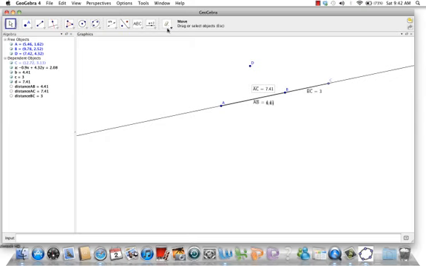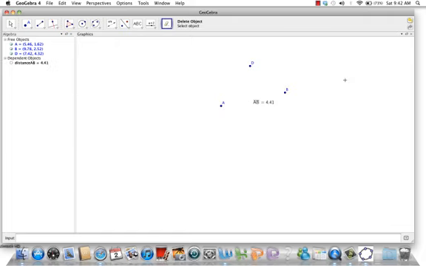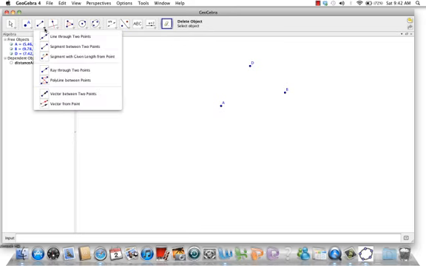Okay, so let me delete a few other things that I don't need. I don't need this anymore. All right, let me delete this line here. Now next we deal with what is called the non-collinear measurement. So notice that in this case, we have A, B, and D as non-collinear points, but let me get rid of this AB. And let me measure the segments first.